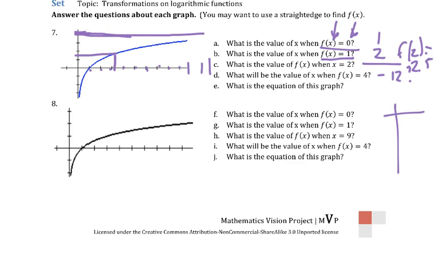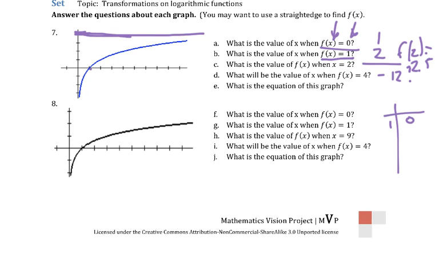Well, let's make a table. I think that'll help us out. So at 1 we have 0. Yeah, we have 1, 0. See why they say you may want a straight edge to help you out with that.